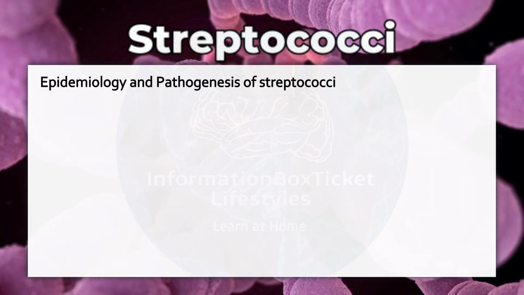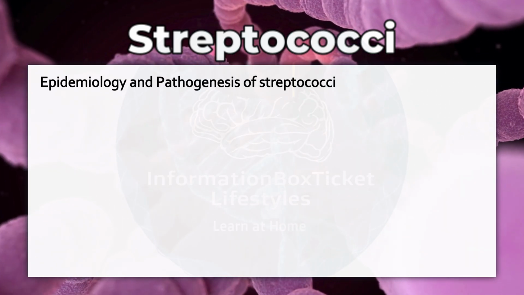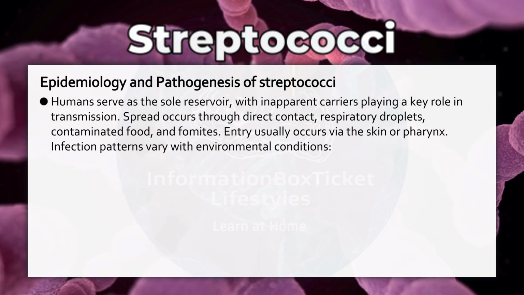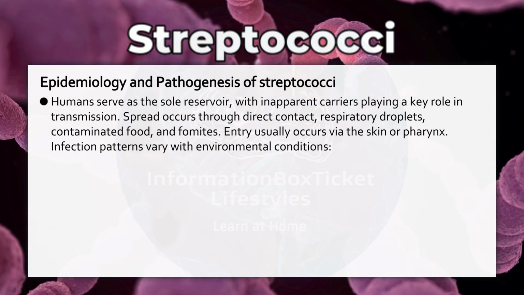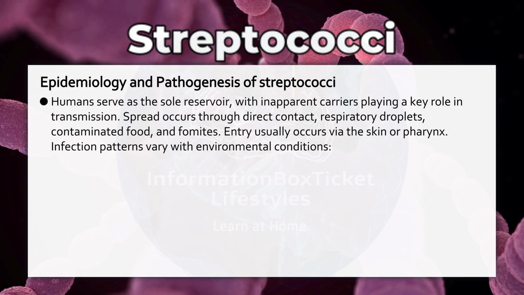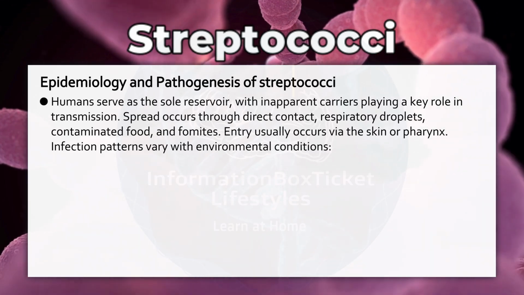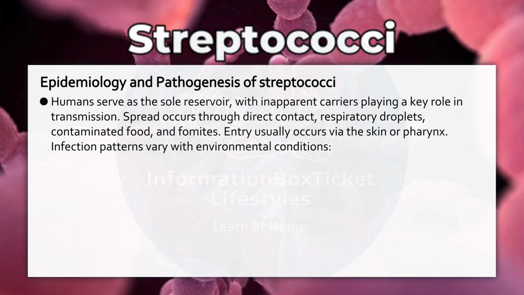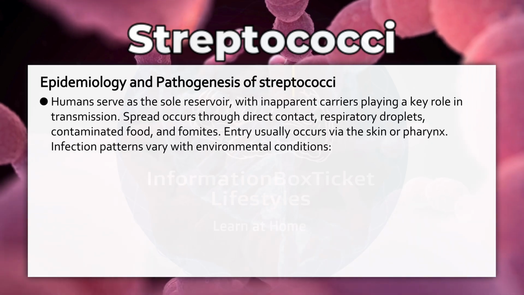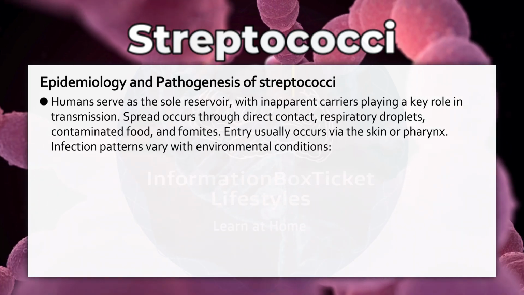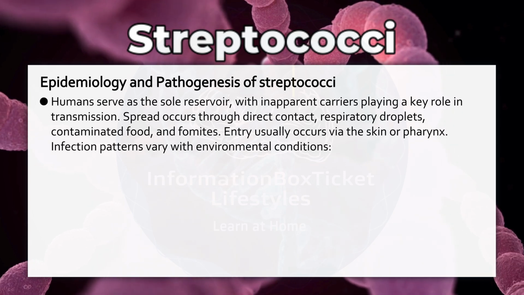Epidemiology and pathogenesis of Streptococci. Humans serve as the sole reservoir, with inapparent carriers playing a key role in transmission. Spread occurs through direct contact, respiratory droplets, contaminated food, and fomites. Entry usually occurs via the skin or pharynx.